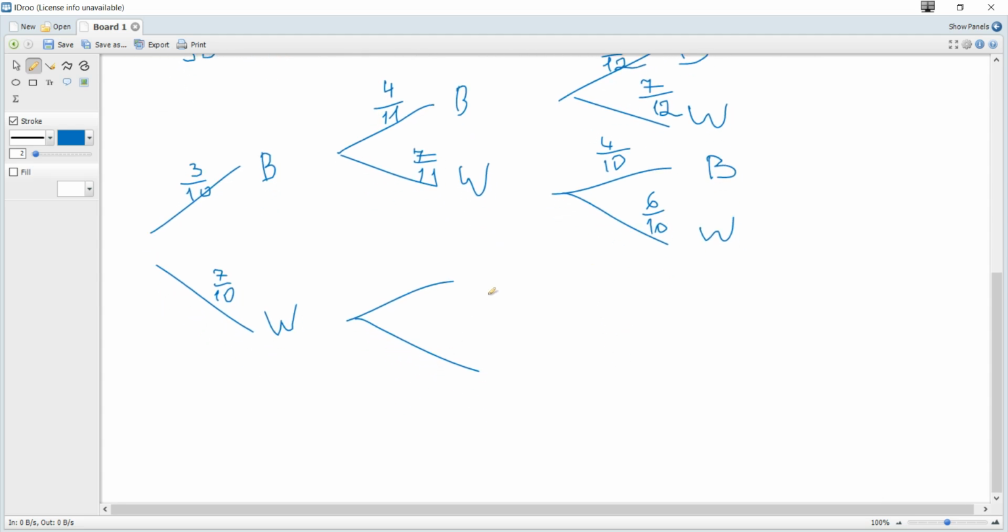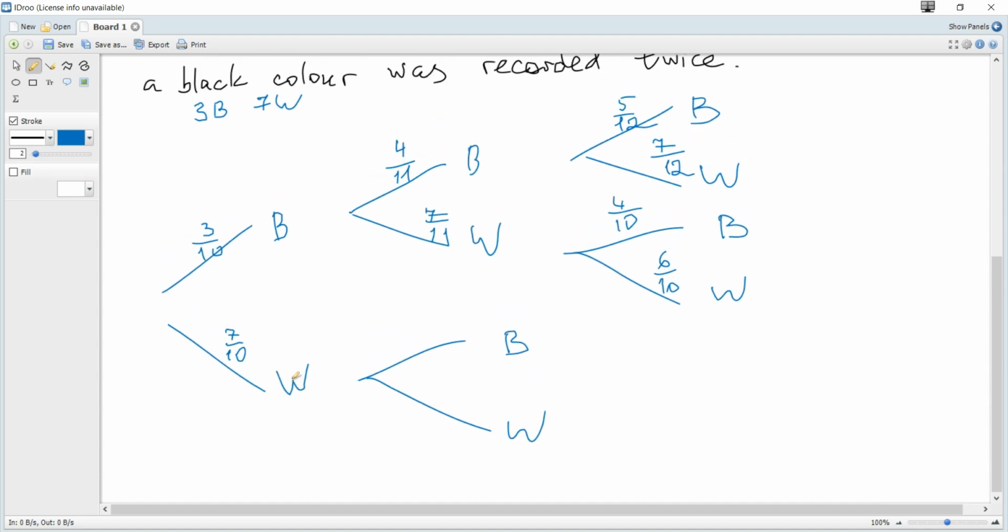And then here, white, black: if the first is white it is not replaced, so we have 3 black and 6 white, so it becomes 3 out of 9 to get black, hence 6 out of 9 to get white.